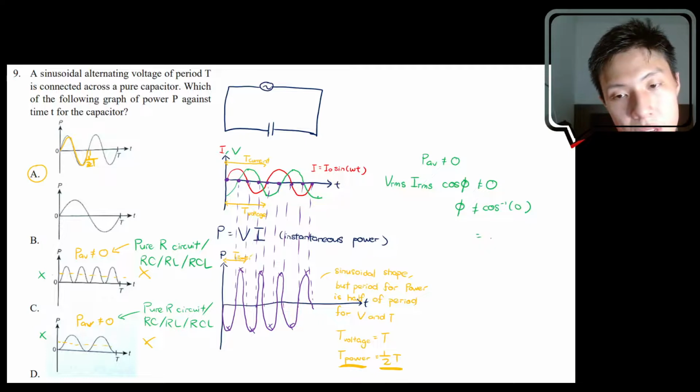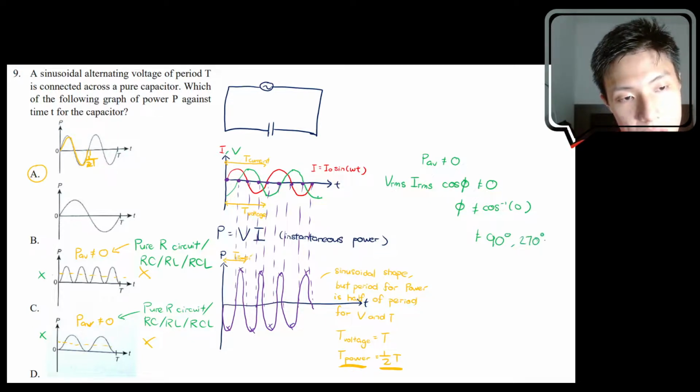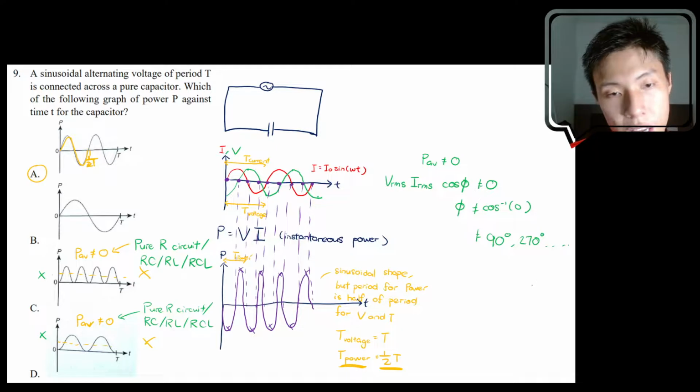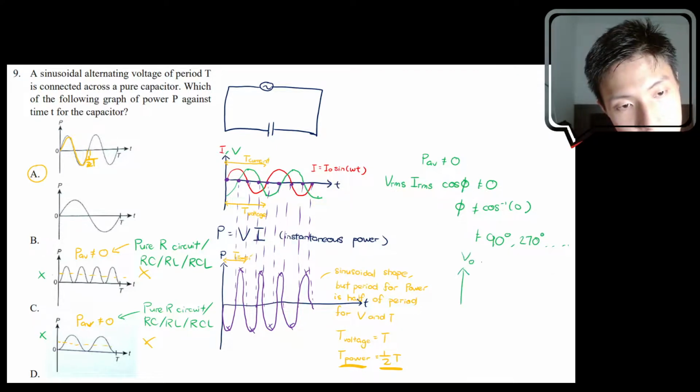Therefore, phi should definitely not be 90 degrees, 270 degrees, and so on. Because of that, your voltage phasor cannot be perpendicular to your current phasor.